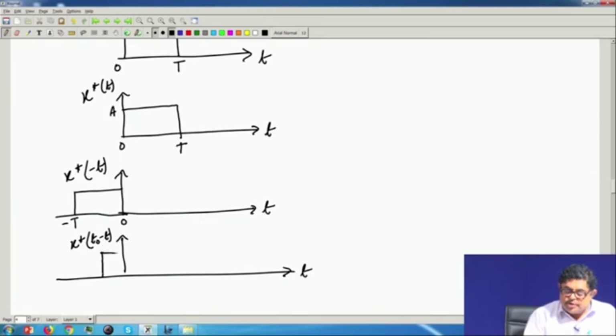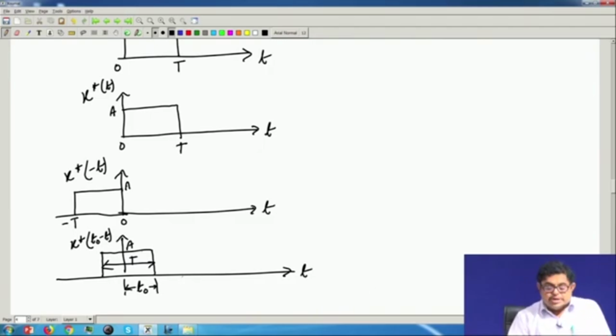Depending on the value of t naught I may have something like this. What is t naught? I can say that the time the end came down here is the value of t naught, and this value is still capital T. This amplitude is A in both the cases.